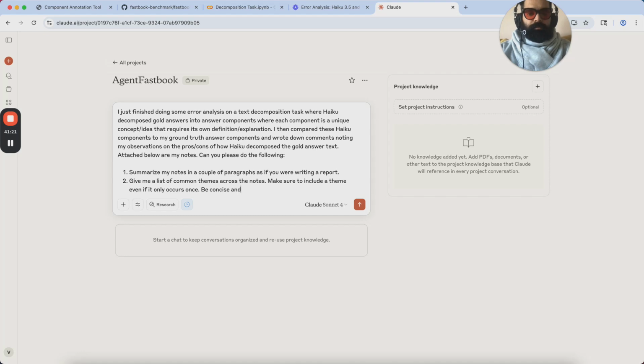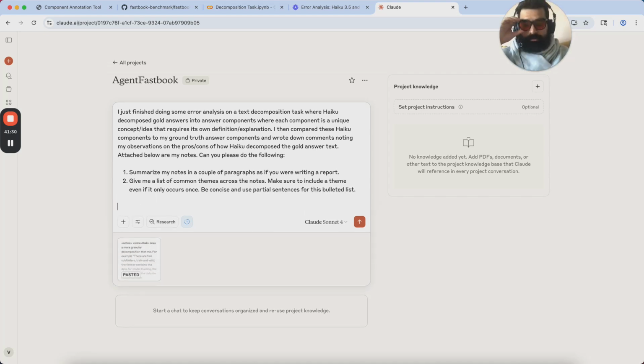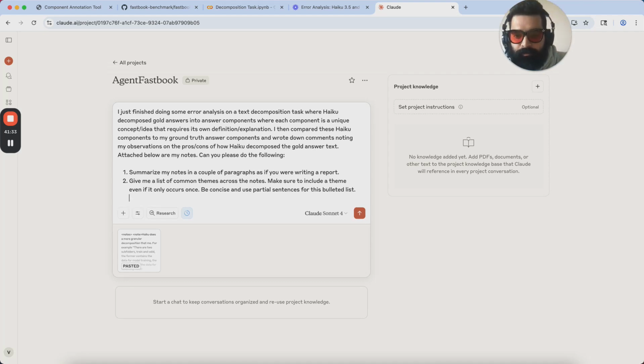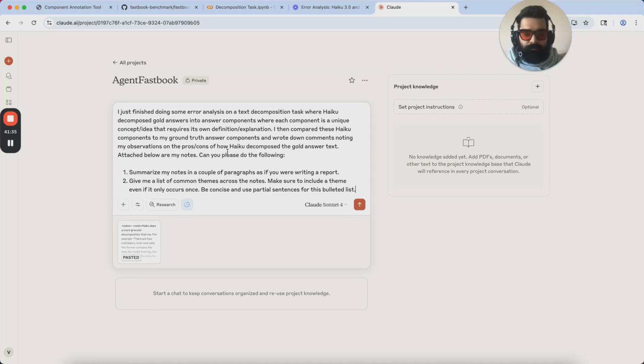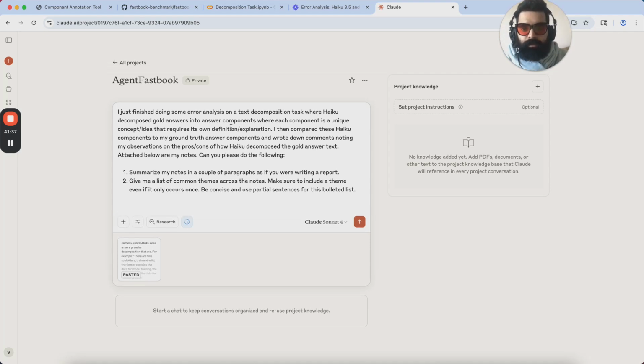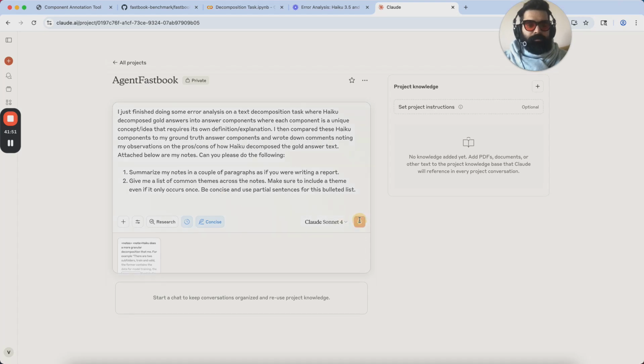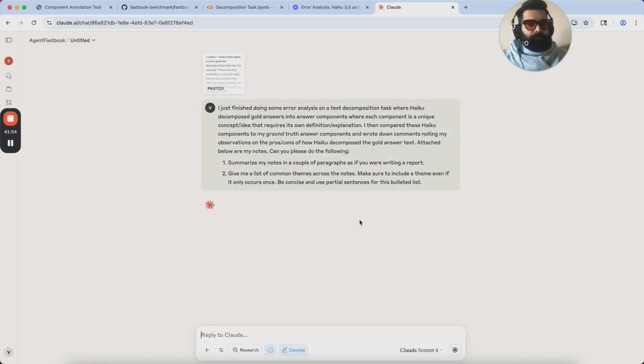Be concise and use partial sentences for this bulleted list. All right, I think that's decent. Yeah, and we'll use Sonnet, extended thinking, and normal is fine. I'm going to say concise. All right, let's see what it does.